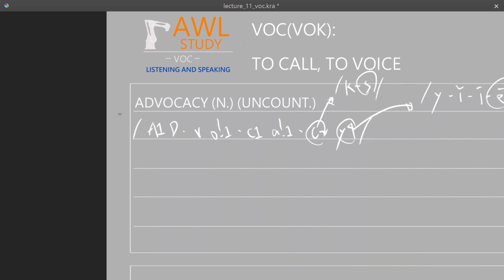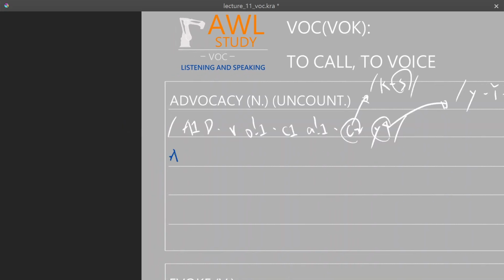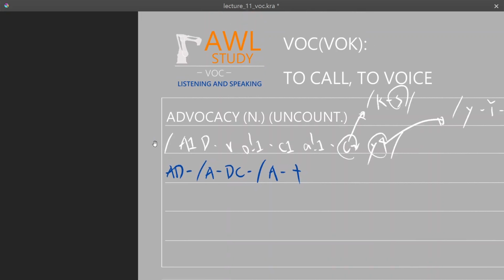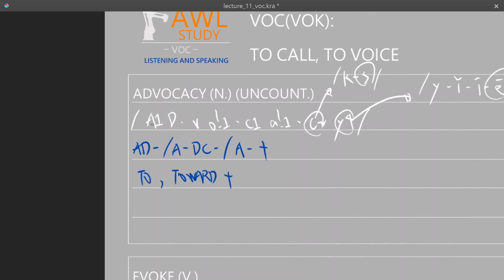All right, so advocacy. We have the prefix ad or a followed by a double consonant, or later the phonogram a itself. It means to or toward.